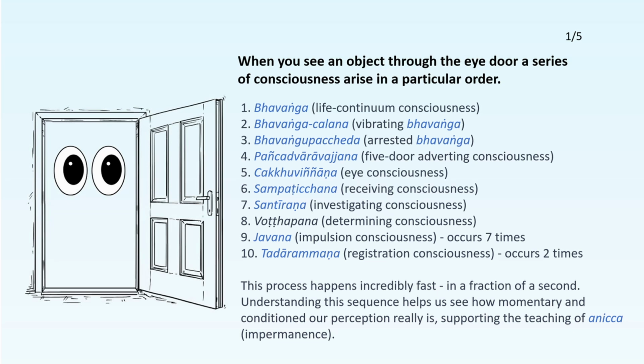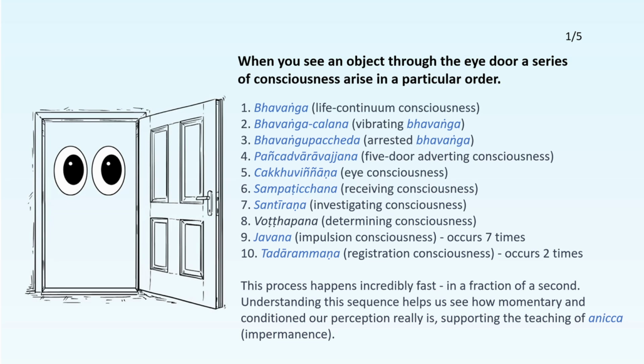There is life continuum consciousness, vibrating bhavanga consciousness, arrested bhavanga, five-door adverting consciousness, eye consciousness, receiving consciousness, investigating consciousness, determining consciousness, impulsion consciousness, which occurs 7 times, that is the javana, and the registration consciousness that occurs 2 times. Now, this process happens incredibly fast, in a fraction of a second.